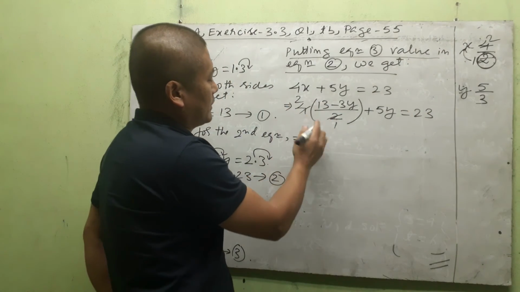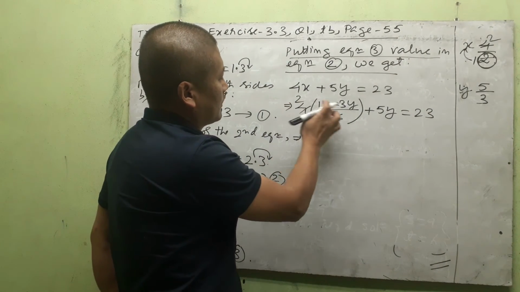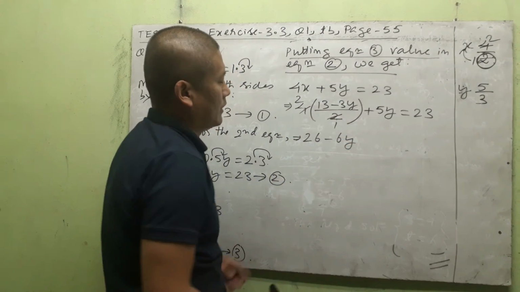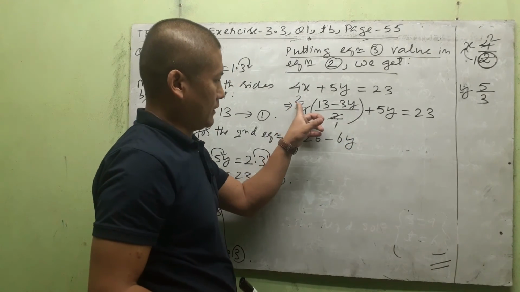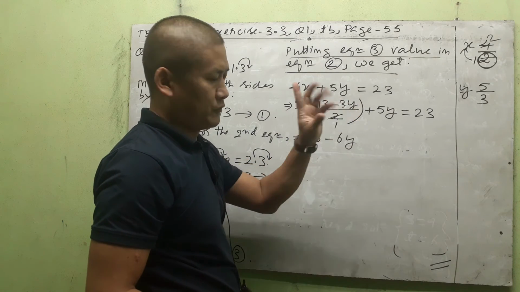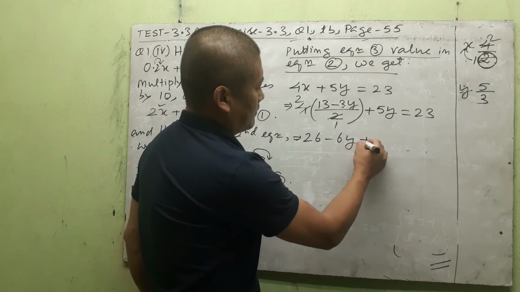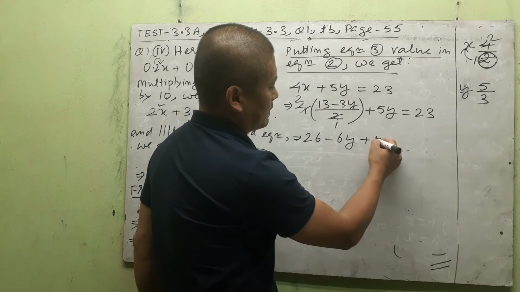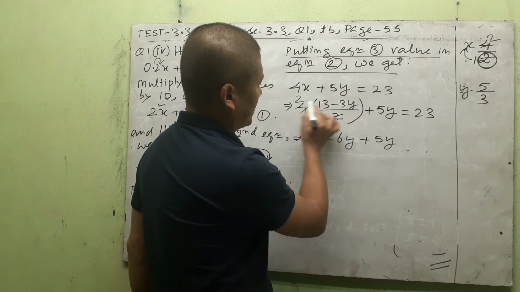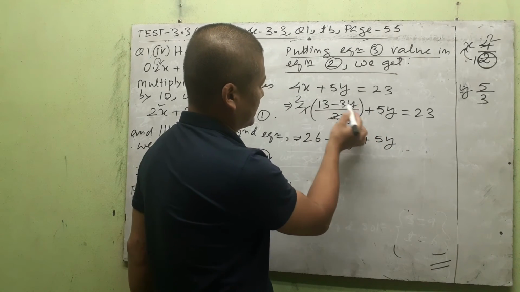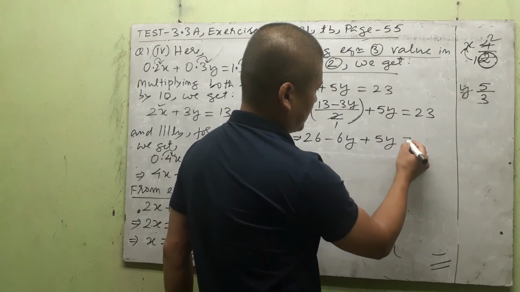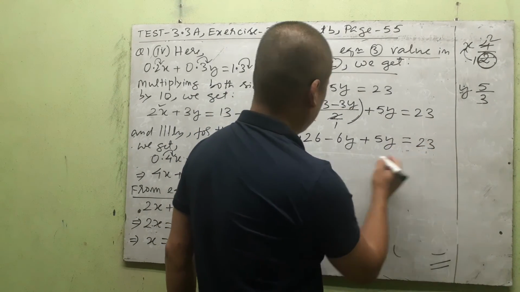So 2 into 13 is 26, minus 2 3s are 6y. That way when you multiply the outside number and signs to the inside, this bracket will get removed. No more bracket. By 1 we need not write, plus 5y. The 2 shouldn't multiply this 5 because the bracket ends here. Is equal to 23.